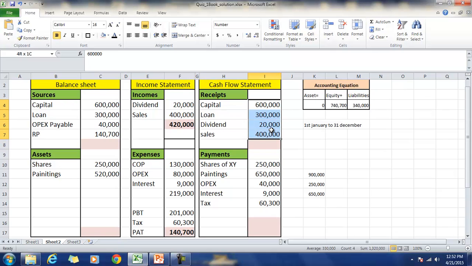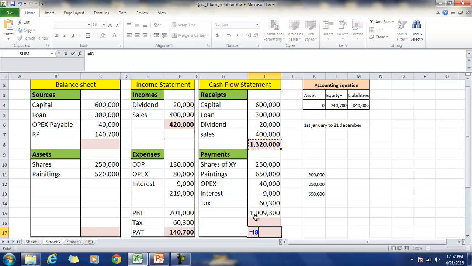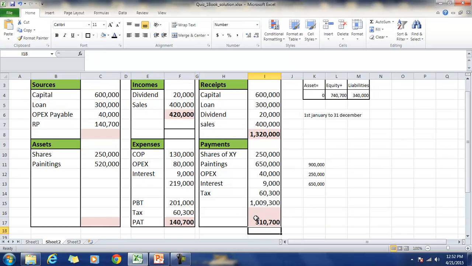We can find the cash in hand now. Cash in hand is equal to cash available minus the cash payment. So cash in hand is 310, and cash is an asset, and cash will go to the balance sheet.